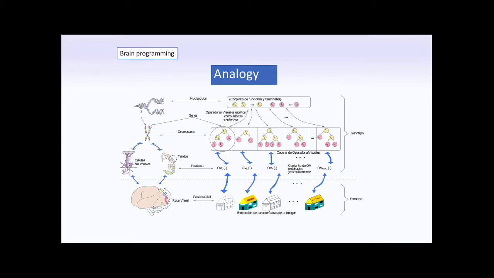All these are merged to create the phenotype that makes the representation and provides the functionality of the visual route in the visual cortex, in the artificial visual cortex.